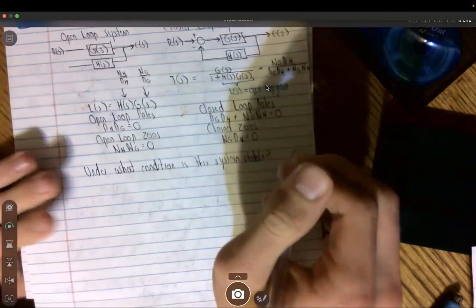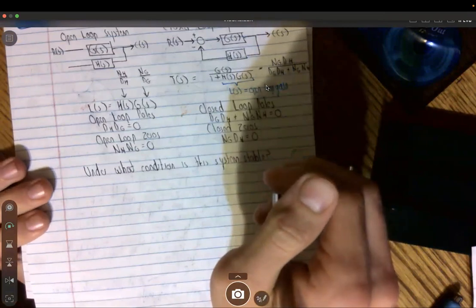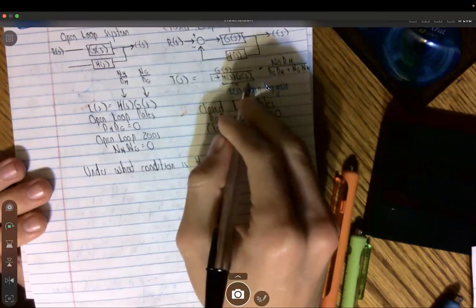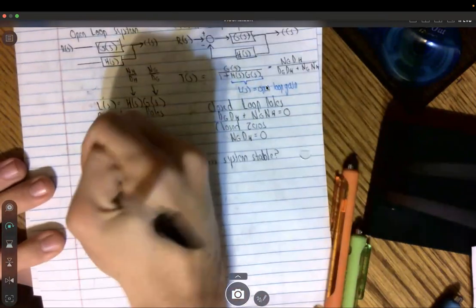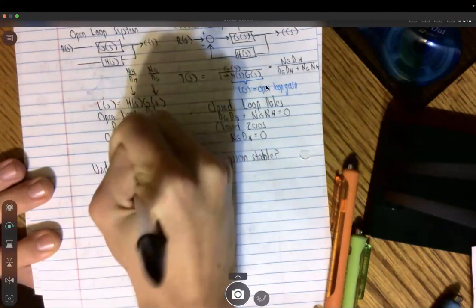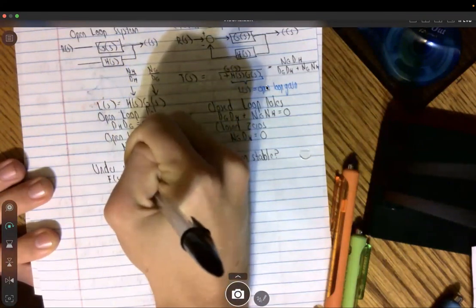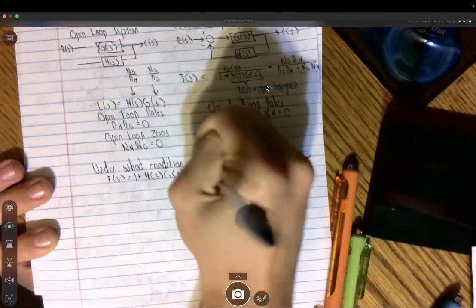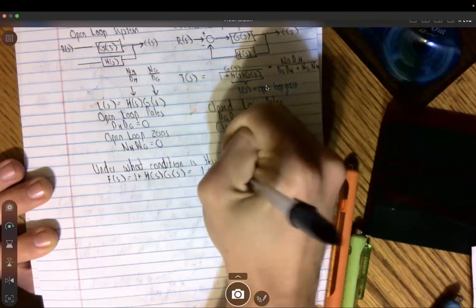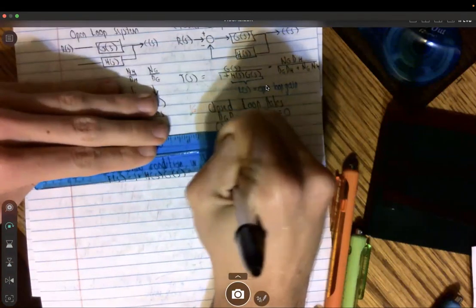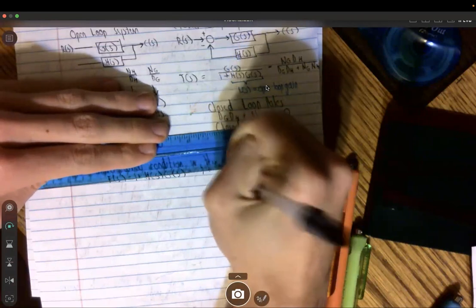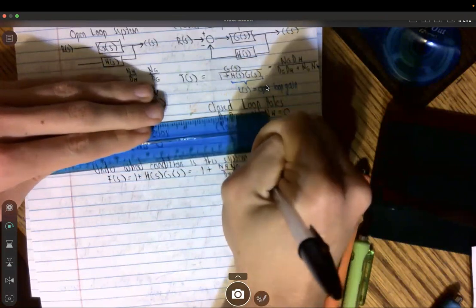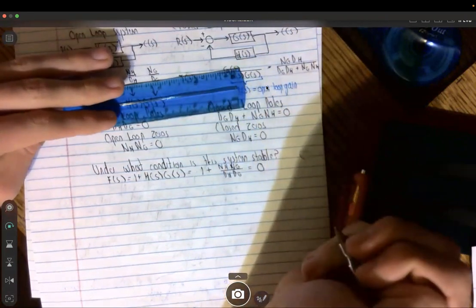F of S is defined as 1 plus H of S G of S, which we're going to have as 1 plus N of H N of G all over D of H D of G, and we want to set this equal to 0 for stability reasons.